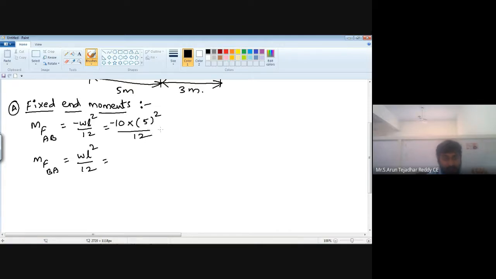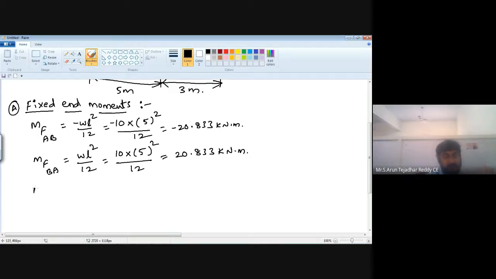Now the value of MFAB is minus 20.833 kilonewton meter, and here it is 20.833 kilonewton meter. So this is the fixed end moment for the span AB as well as the reverse BA.